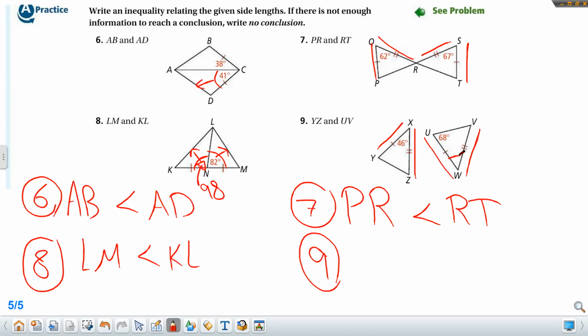But we must know it to determine which of these sides is bigger. So in this question, there is not enough information, so we can't reach a conclusion. Write no conclusion.